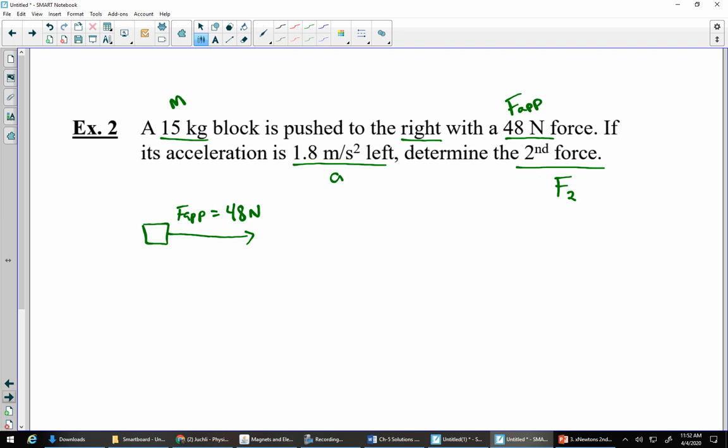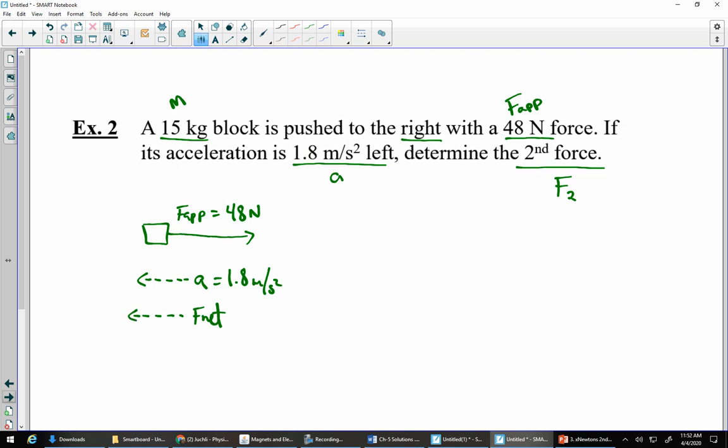It says its acceleration is 1.8 towards the left. That doesn't actually go on a free body diagram, so I'm just going to put it off to the side. Acceleration is 1.8 meters per second squared towards the left. So if the acceleration is towards the left, what does that mean in terms of our net force? Also got to be towards the left. So F net has to be towards the left.